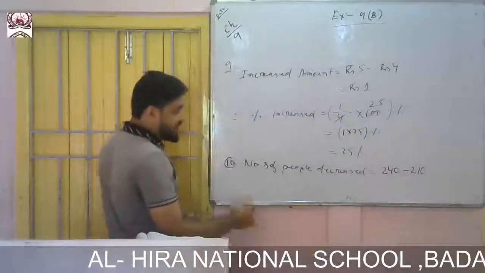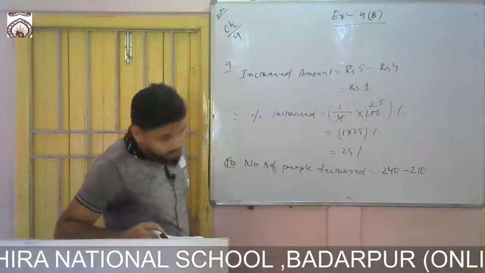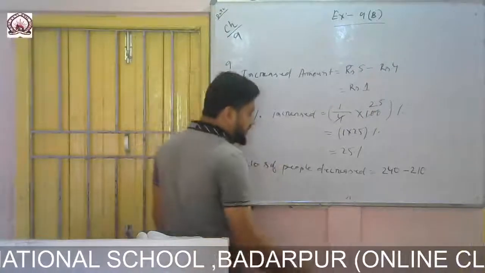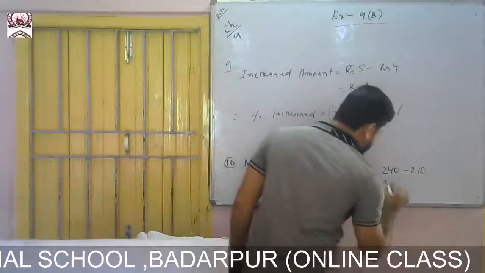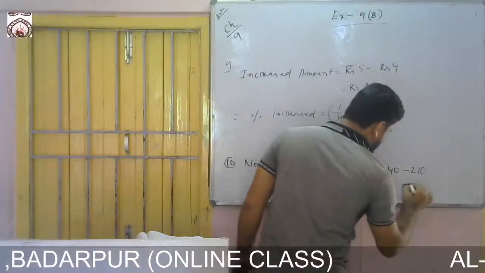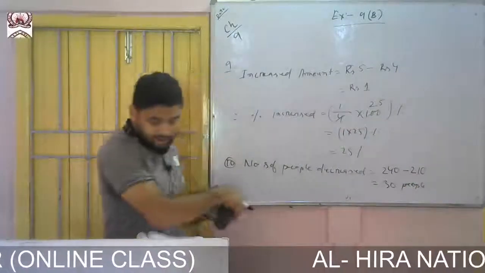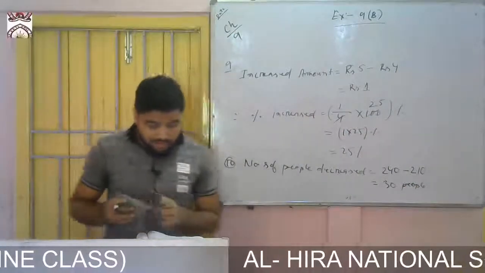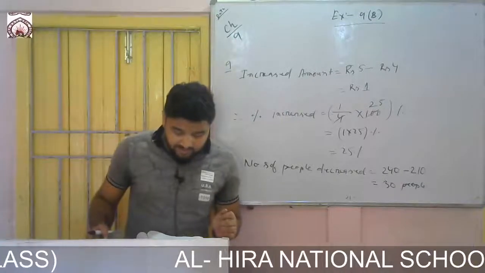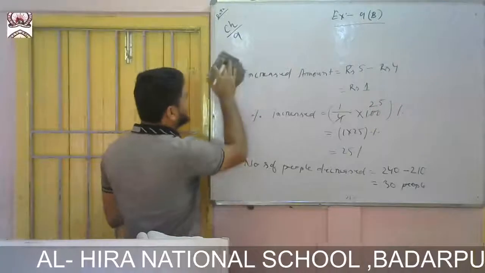The total number of people was 240. So it is 30 people. Now I need to find the percentage decrease.